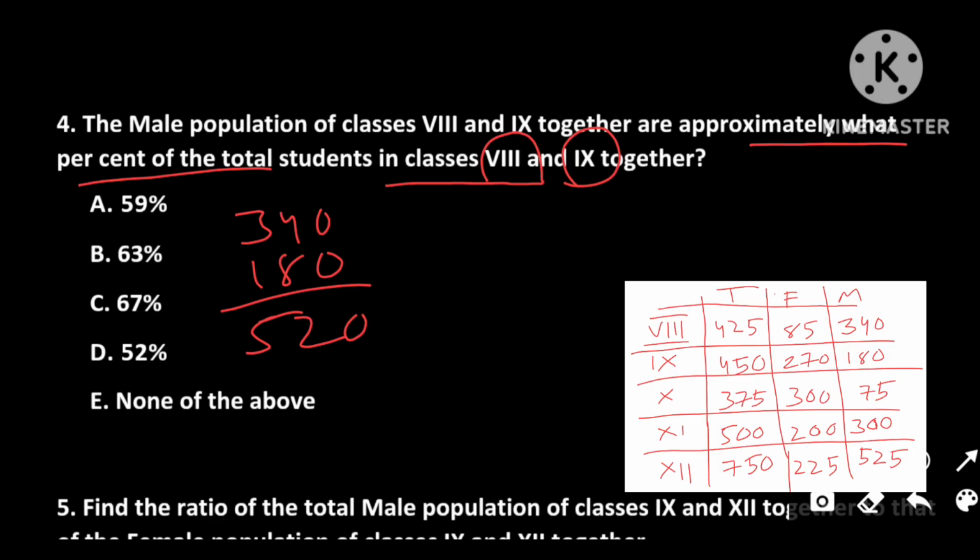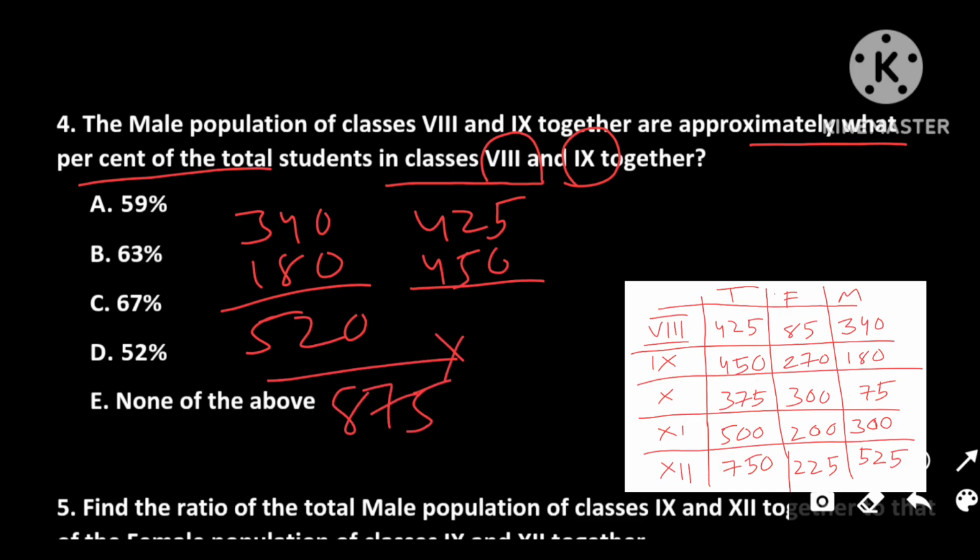Total students in 8 and 9 together means 425 plus 450. Total will be 875. You need to find the approximate value for this one.